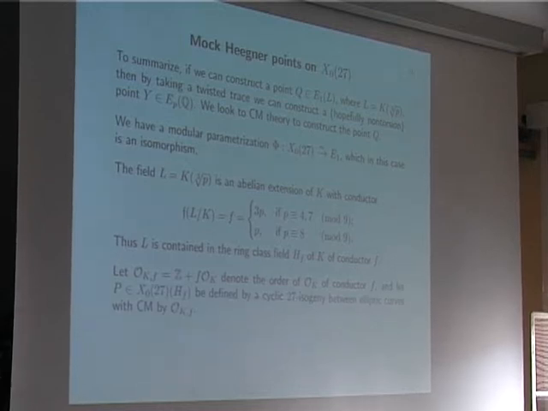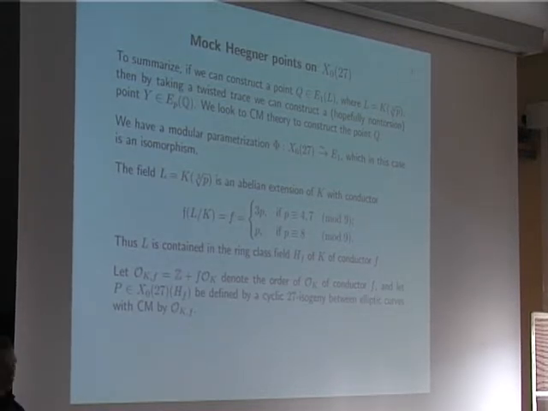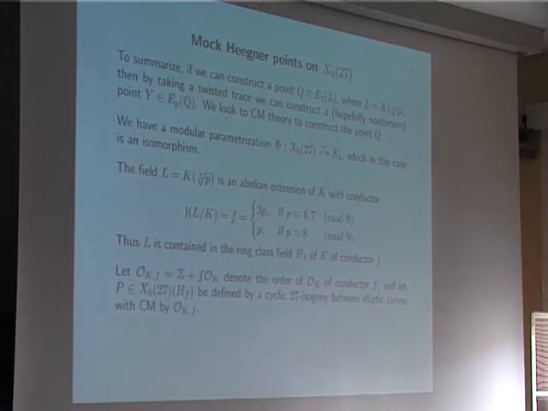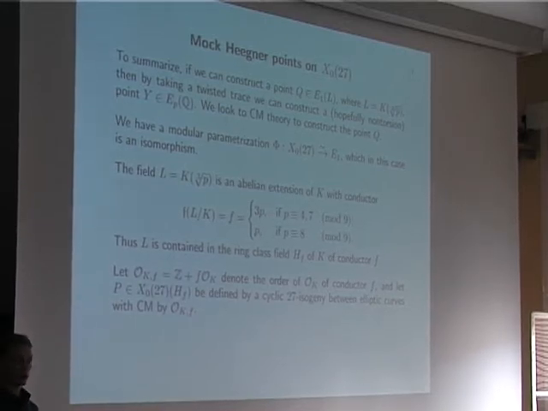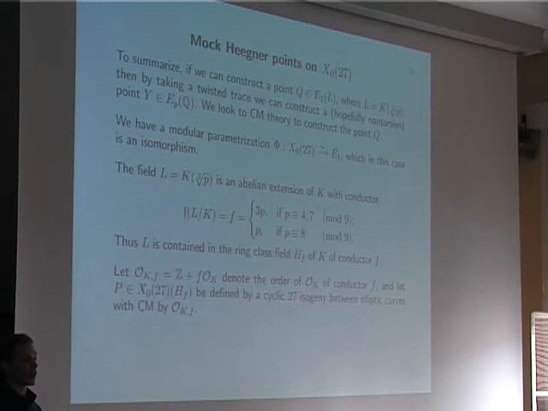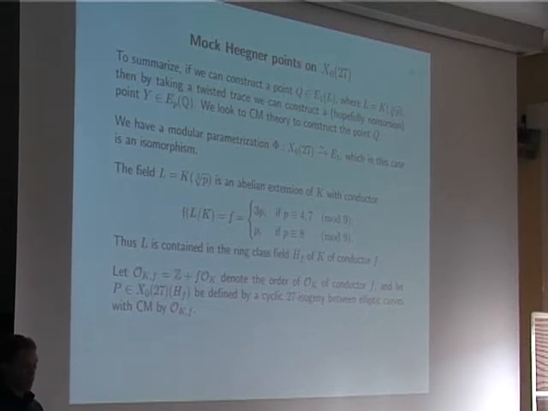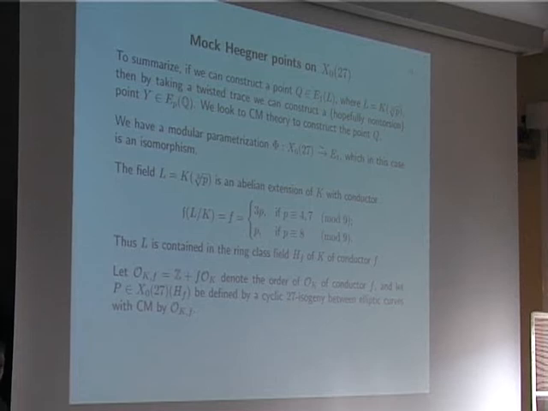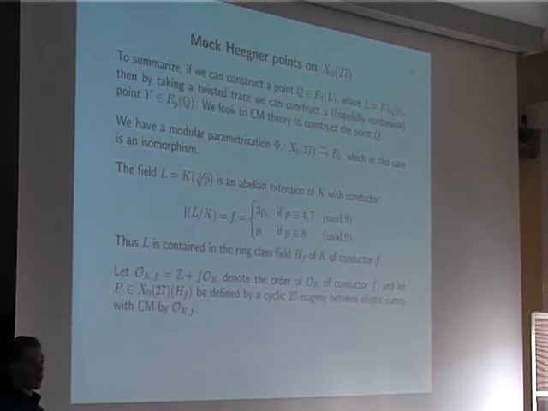So how do we get a point that's going to be defined over this ring class field? Well, we consider a point P. We want it to live on X_0(27), so we need to find a cyclic 27-isogeny. And it needs to be between elliptic curves that have CM not by O_K, which would just give us a point defined over the Hilbert class field, but rather with CM by O_{K,f}. So if we can write one of those down, then we can map it by phi and do our twisted trace trick.